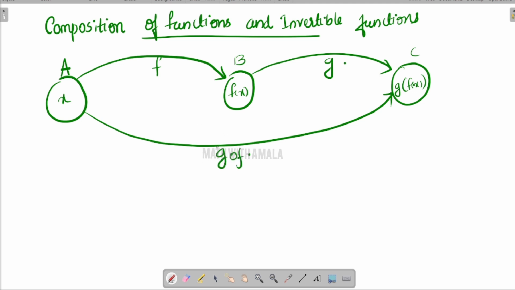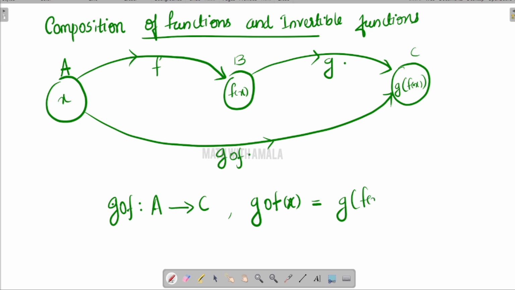This f is defined from A to B, g is from B to C, then g composition f is defined from A to C. The element x of A can be connected to B with f of x, and the element f of x in B can be connected to C with g of f of x. Then you will get g composition f from A to C such that g composition f of x is equal to g of f of x.